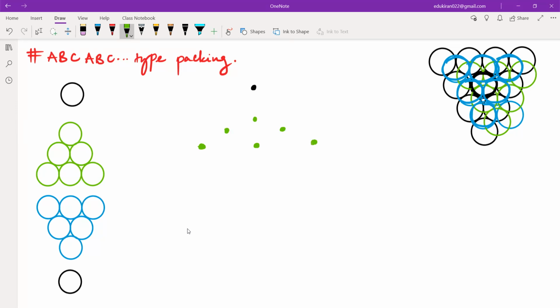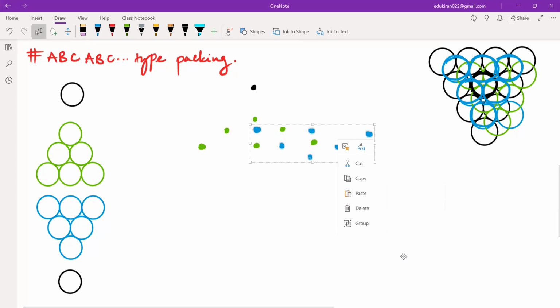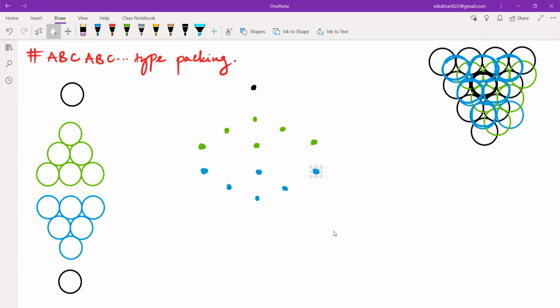Okay. Now we have a similar arrangement of the blue atoms, but in vertically opposite directions. So I will just copy and paste this, make it blue, rotate it vertically, and I have got the blue atoms arrangement also. So let me just add just one of these. I think this should be a bit here.